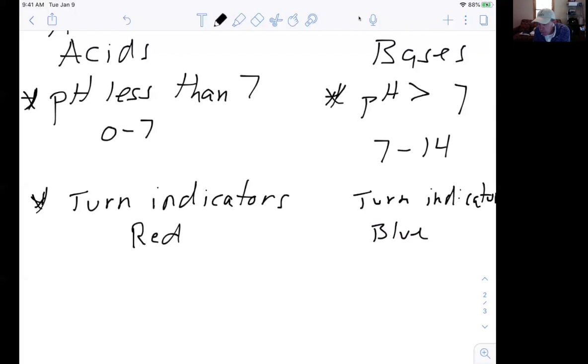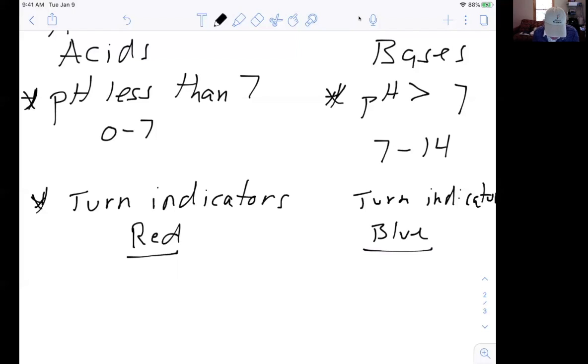You stick pH paper in bases, it'll turn blue. I have lots of indicators in the lab and I wish you could use them. Things like phenolphthalein and bromothymol blue, and I have litmus paper and Congo red. These are all just indicators. And in general, acids turn indicators red and bases turn indicators blue.